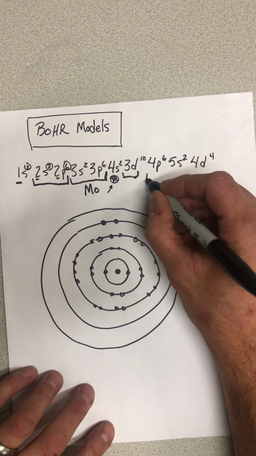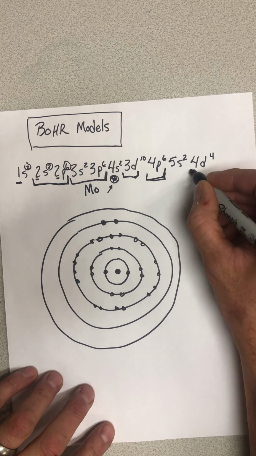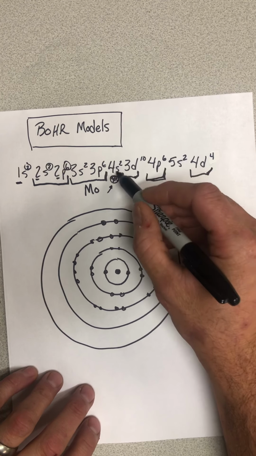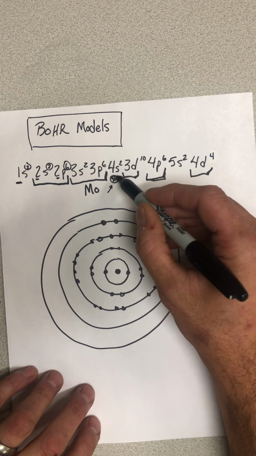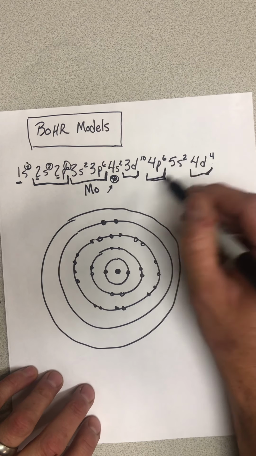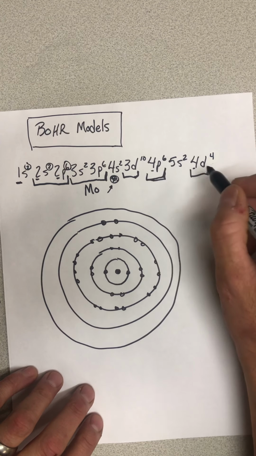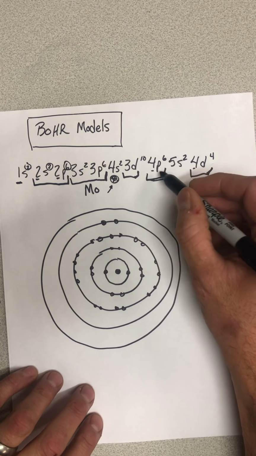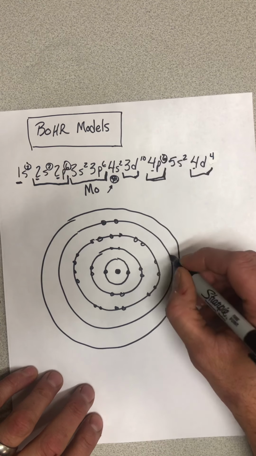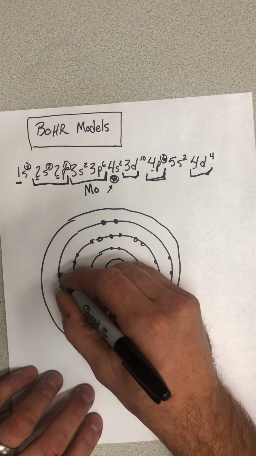Now the remaining electrons in the 4th energy level come from this and from this. So remember, in an electron configuration, your sublevels can be sort of divided by other parts of the electron configuration. So you've really got to look for that big number there. So after 3d, we're going to fill 6 more electrons into the 4th energy level. 2, 4, 6.